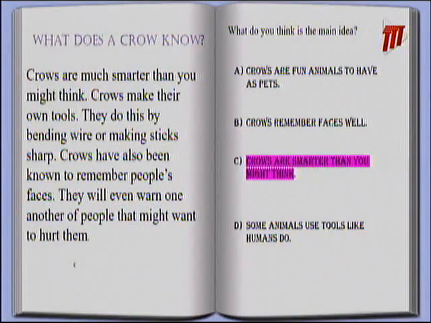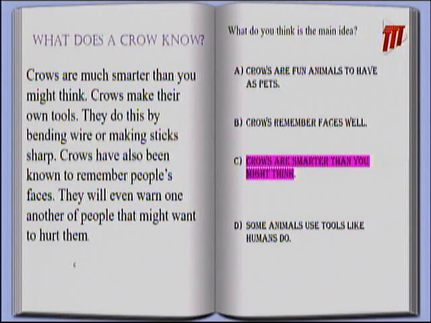So crows are fun animals to have as pets. Why would that not work? If you read through the paragraph, what you will notice is that there's nothing there about keeping crows as pets. Nothing in that entire paragraph points to them being good pets. So you can disregard that immediately, right?